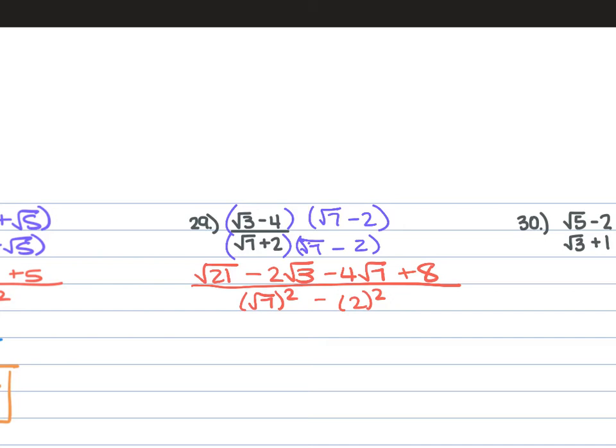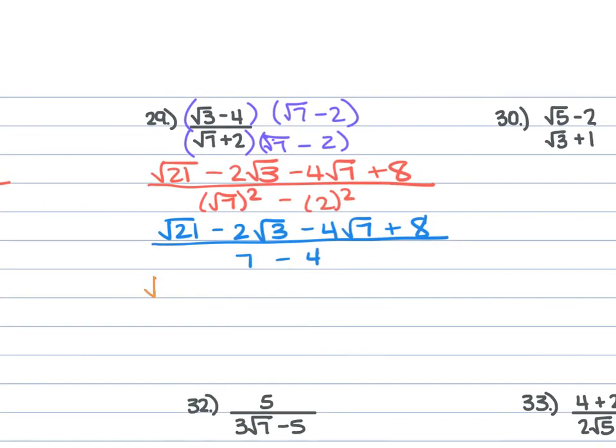So that numerator there is going to stay exactly the way that it is. The square root of 7 squared is 7. The 2 squared is 4. So then simplify this denominator further to give you the square root of 21 minus 2 square root 3 minus 4 square root 7 plus 8 all over 3.